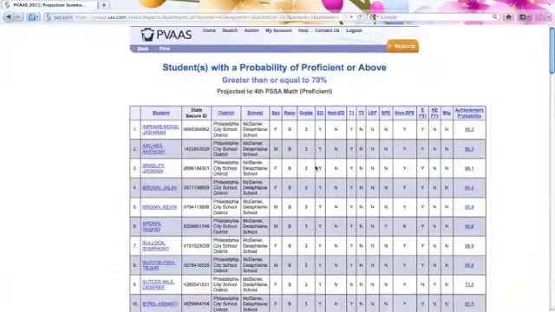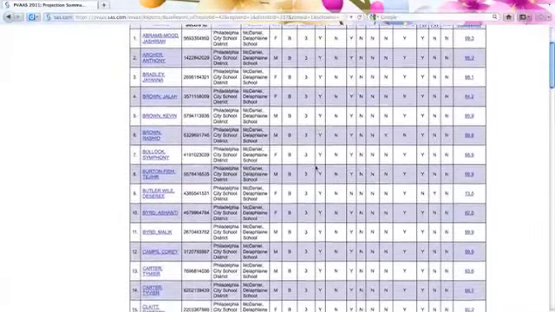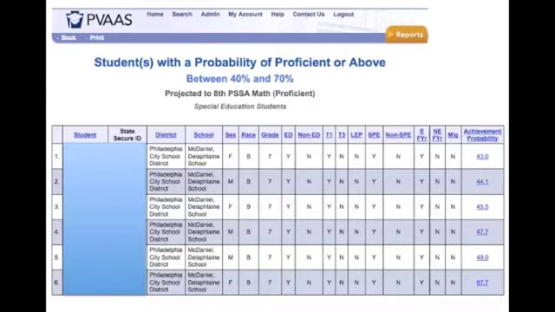Once you click, you actually get to see the students and what their probability of scoring on the PSSA is. Now what you want to look for when we're looking at the 40 to 70% chance of scoring proficient, you want to look for the higher numbers. These are the students that have the greatest likelihood within this subset of scoring proficient.